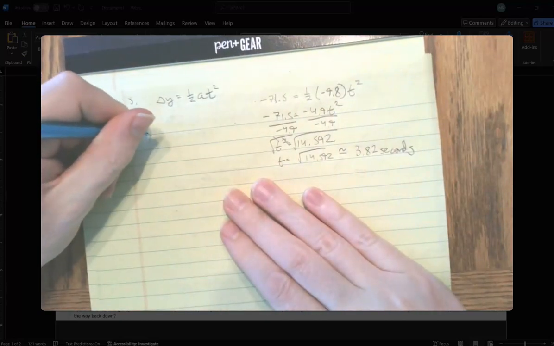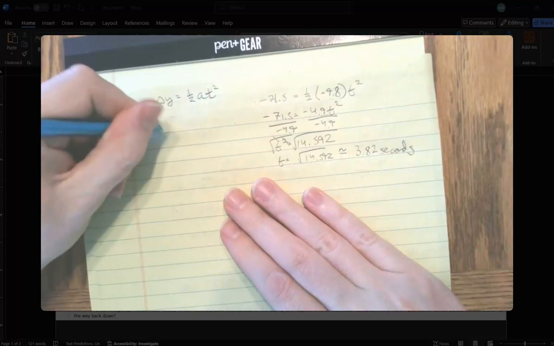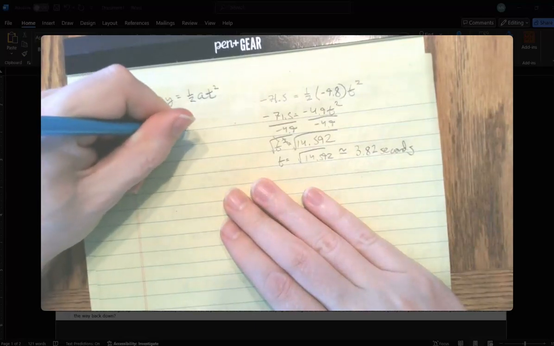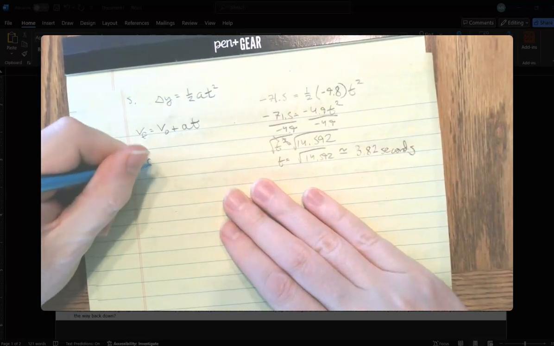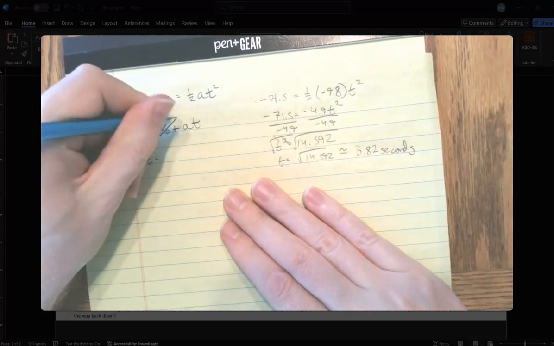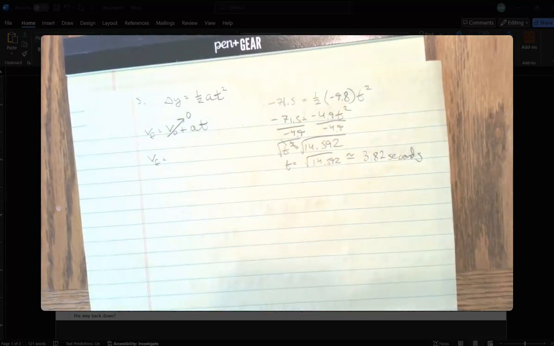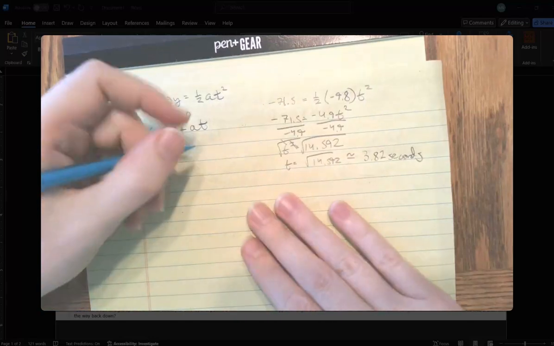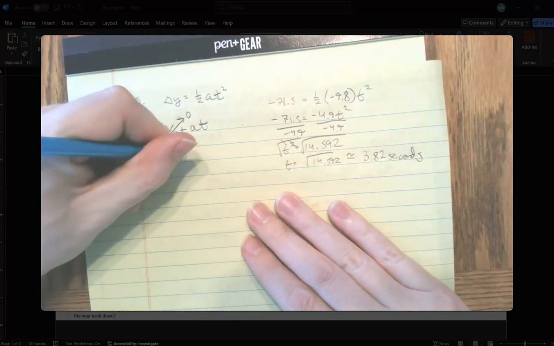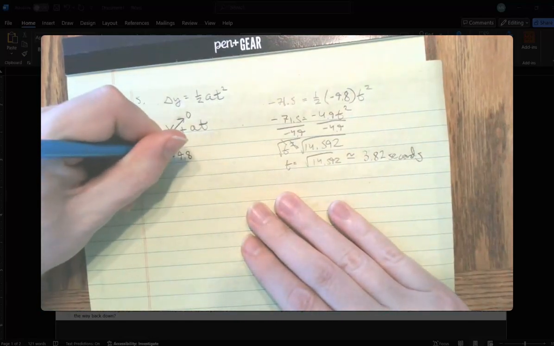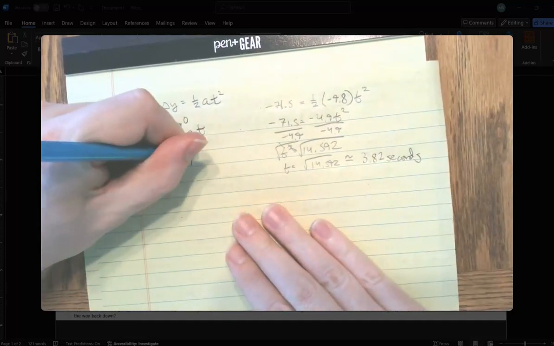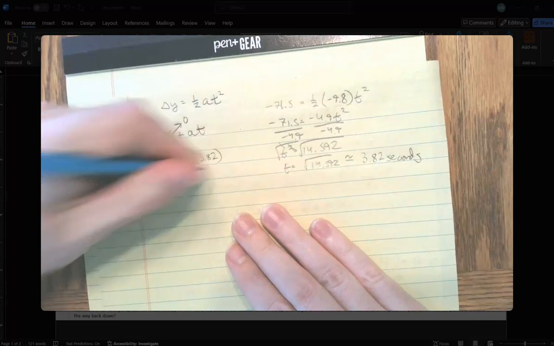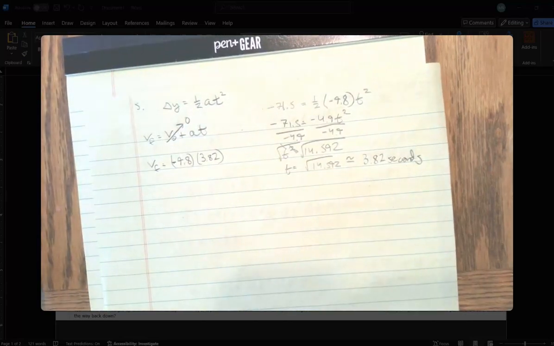And again, from the previous one, we have our final velocity is equal to my initial velocity plus a times t. In this case, my initial velocity is 0, since I'm dropping it, I'm not throwing it down. So we have negative 9.8, the acceleration due to gravity, times the time, which is 3.82 seconds.